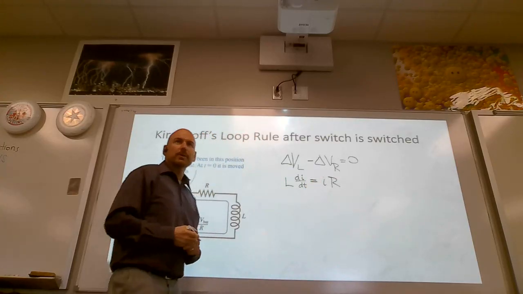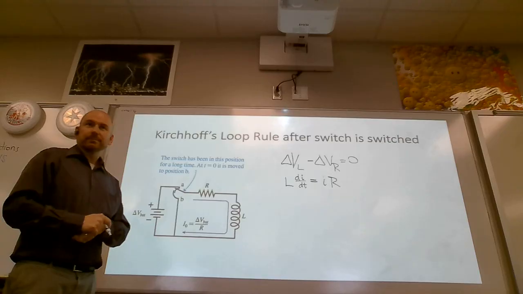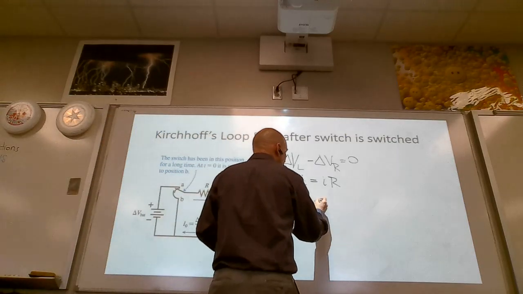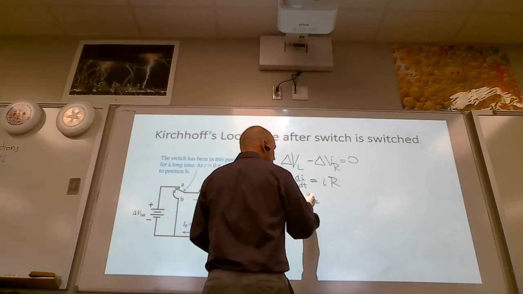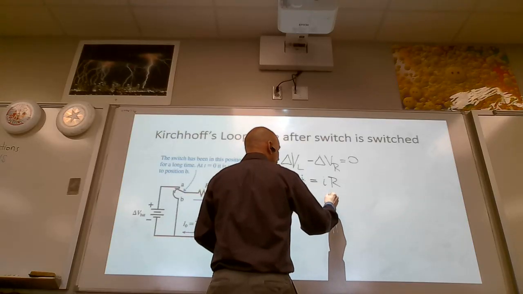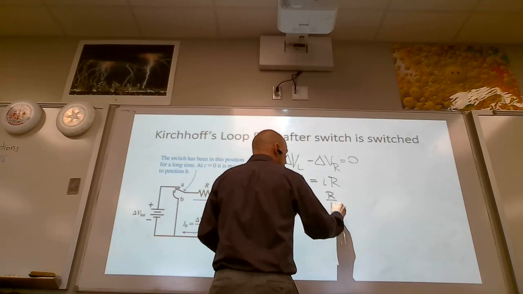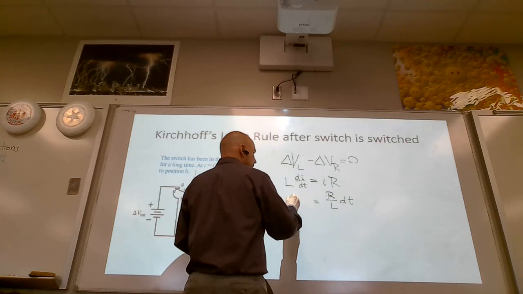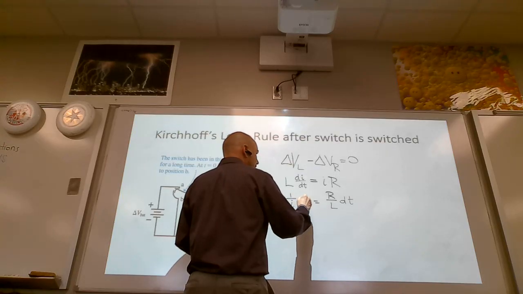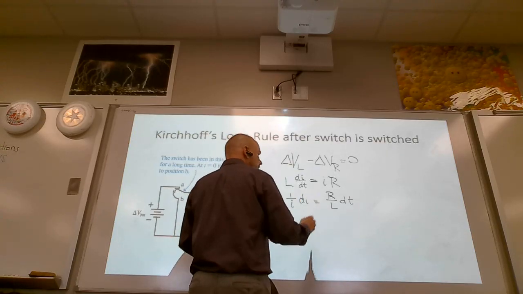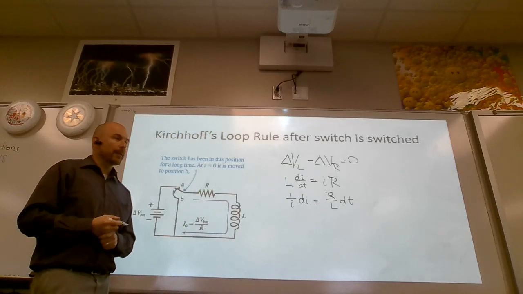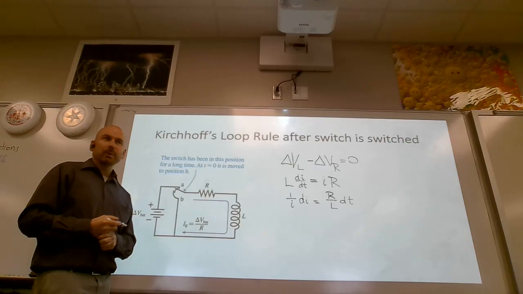Going to make them equal to each other. And I'm going to bring R over L dt, doing separation of variables. Over here, I've got 1 over i di. See where we're going here?